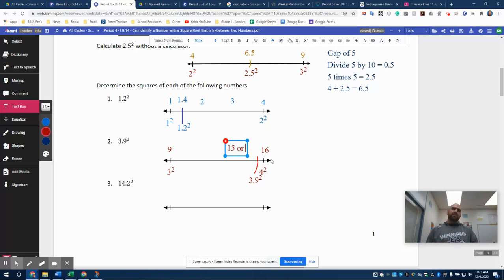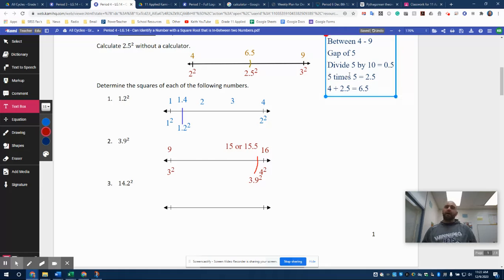Or we could say that it is 15.5 even. That would work as well, because it's really close to 16. The actual is kind of in between there, actually, but we can use that as a reference guide or as an example.